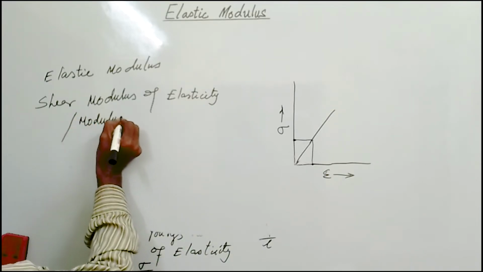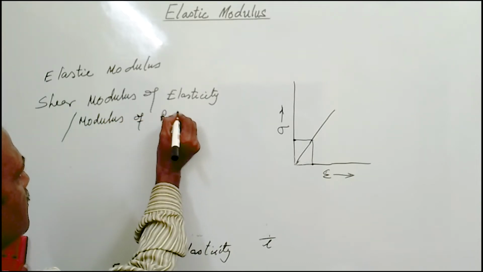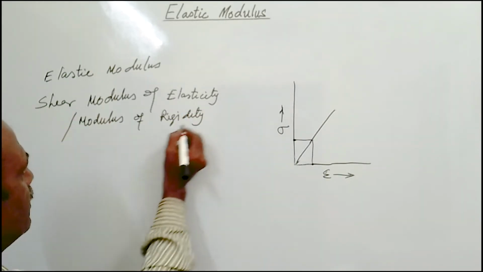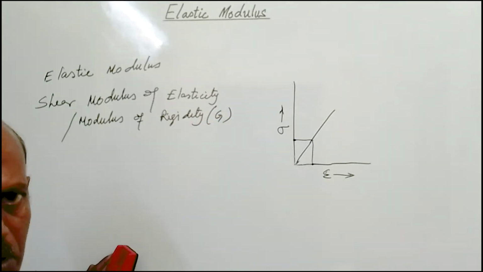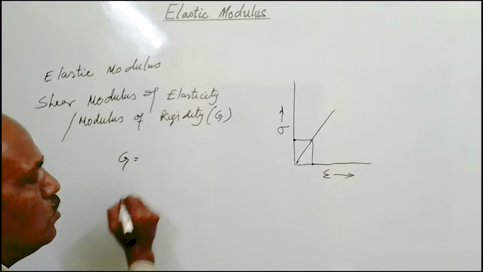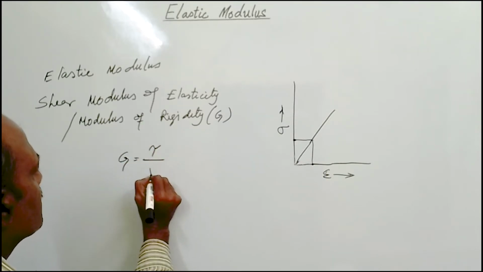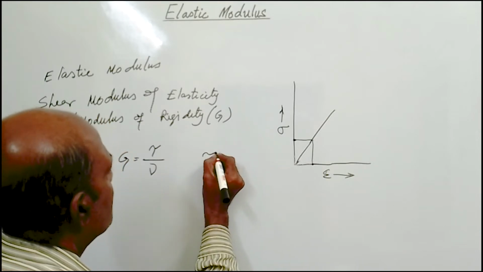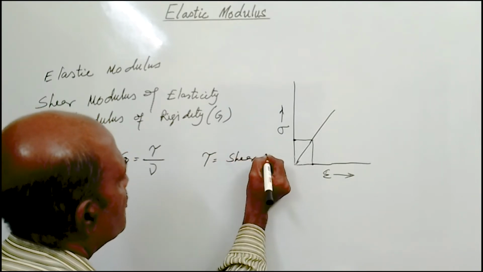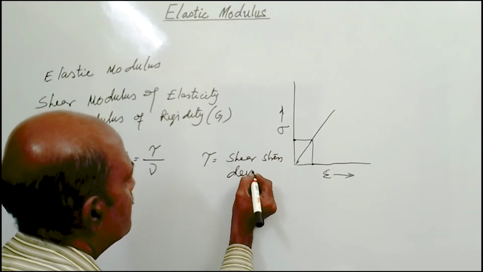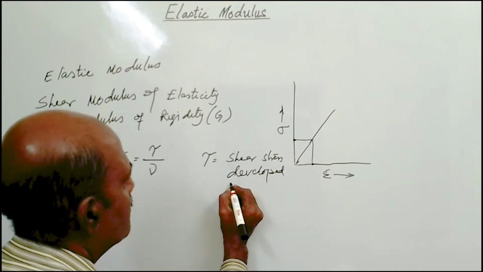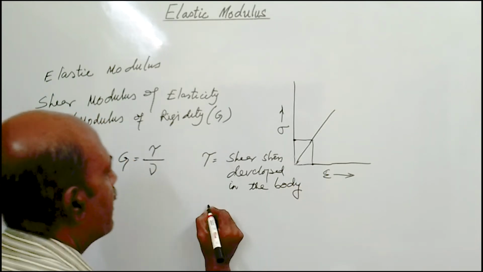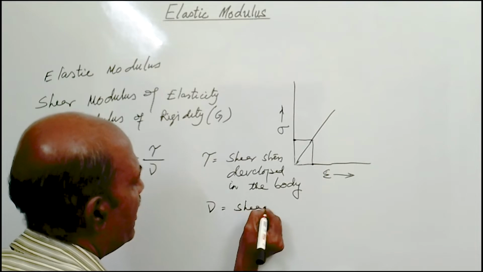It is denoted by G, where G is equal to tau by gamma, where tau is the shear stress developed in the body because of shear load, and gamma is equal to shear strain.